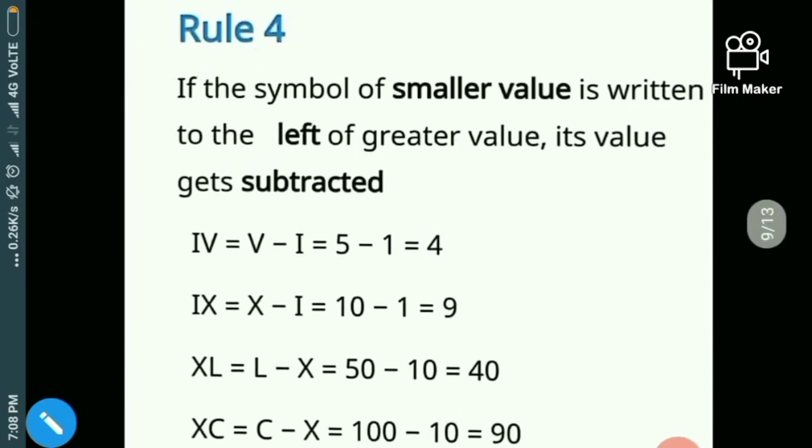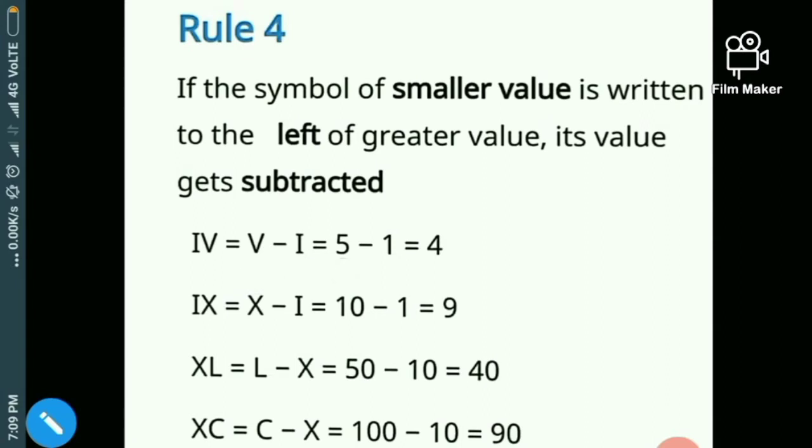Rule 4. If a symbol of smaller value is written to the left of a greater value, its value gets subtracted. If the smaller value symbol is written to the left hand side of a greater value symbol, then the smaller value symbol will be subtracted. Okay, so here you see IV, I is the smaller value symbol, V is the greater value, so the symbol I is subtracted here.